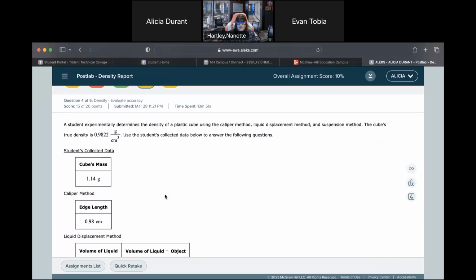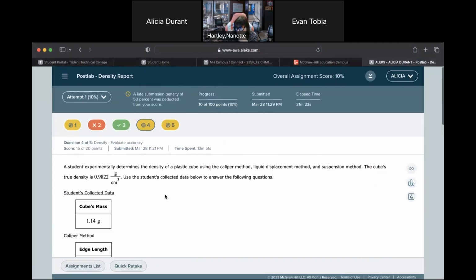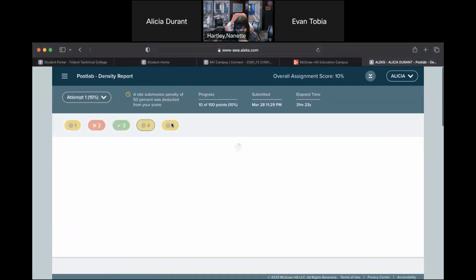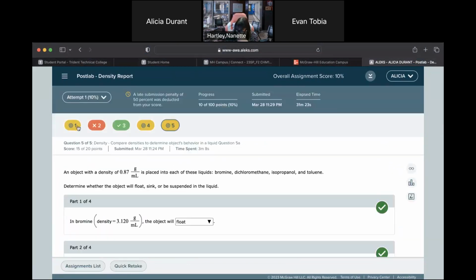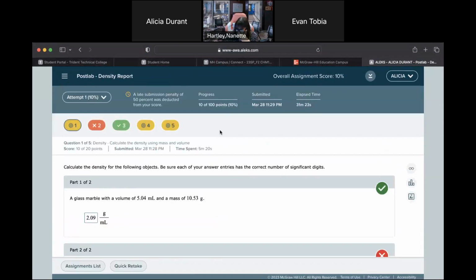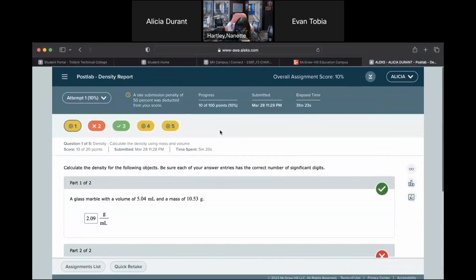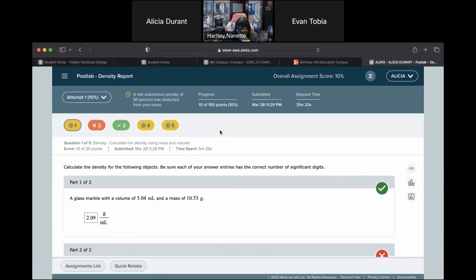Okay. It looks like the majority of these are sig fig issues. There's one that wasn't calculated. Well, no, that is a sig fig issue.